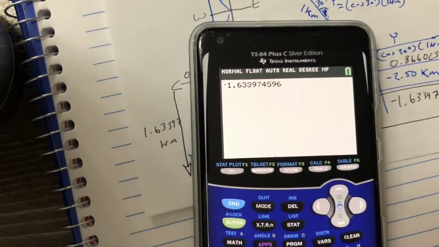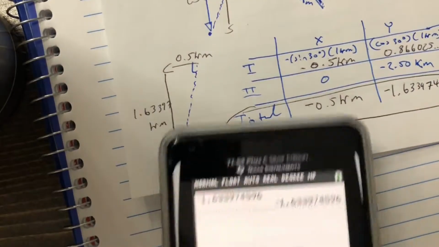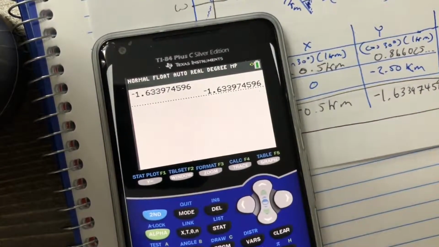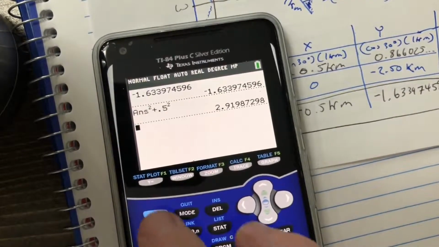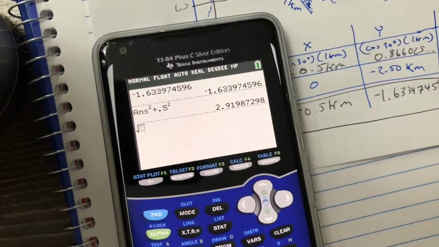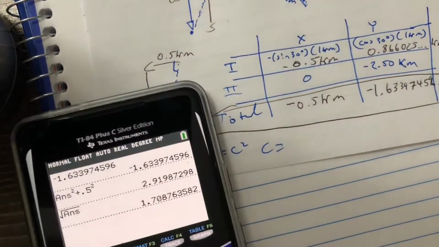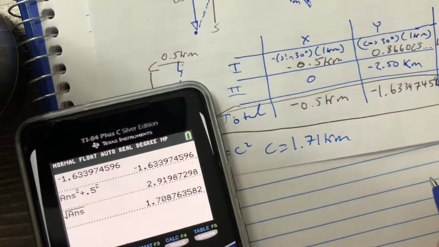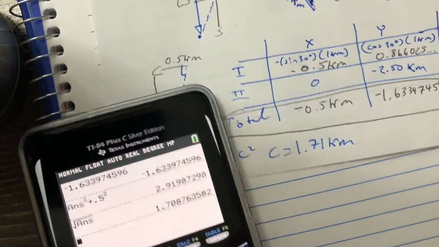Your values can be stored in the TI calculators, so I just wanted to use that without having to retype it all in. So I've got the 1.6339 squared plus 0.5 squared. Take the square root of all of that is 1.71. So 1.71 kilometers.